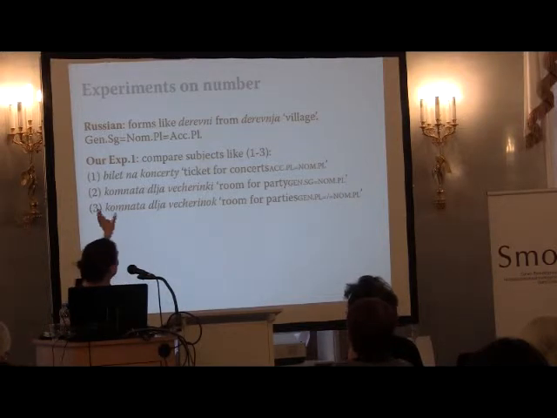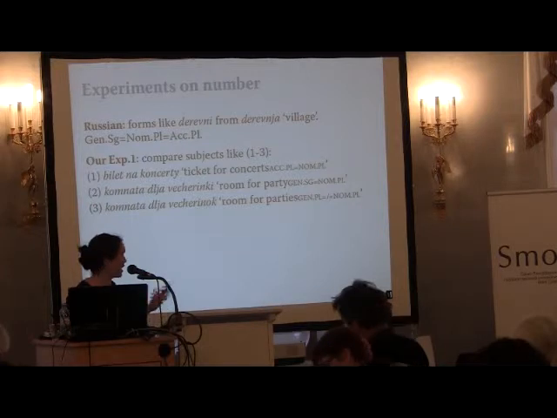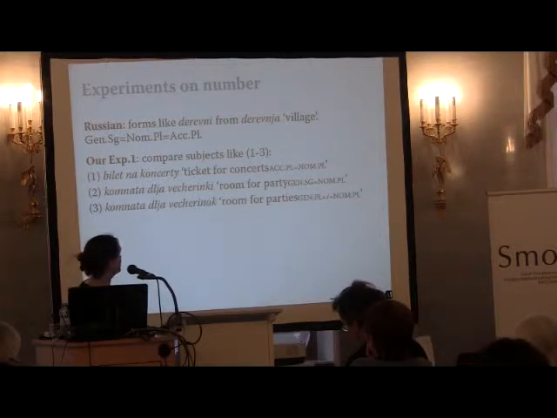So in our first experiment, we wanted to compare subject phrases like 1 and 3. So things like bilet na концерты, ticket for concerts, and the word concerts is in accusative plural coinciding with nominative plural, same as in the German experiments above. Things like комната для вечеринки, room for party, and the word party here coincides with the nominative plural, but does not have a plural feature inside it.